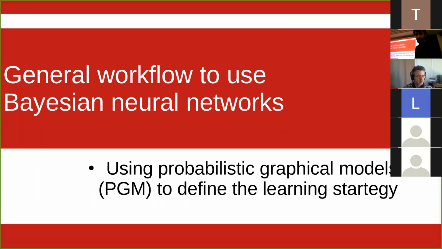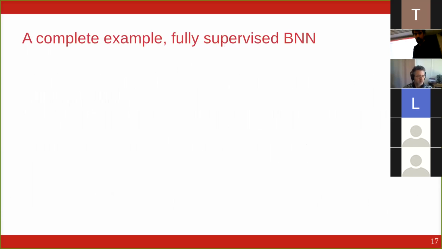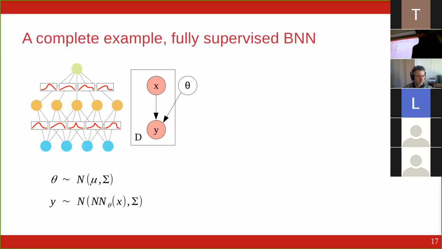Well, let's see a series of practical examples, like a very basic, fully supervised neural network that is a Bayesian neural network. So, feed forward, you get the input data that is observed, the output data that is observed, and the parameterization of the network that is a latent variable.